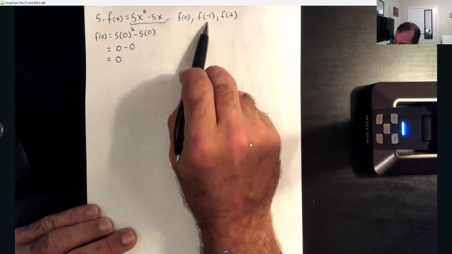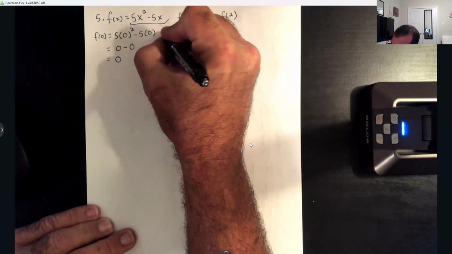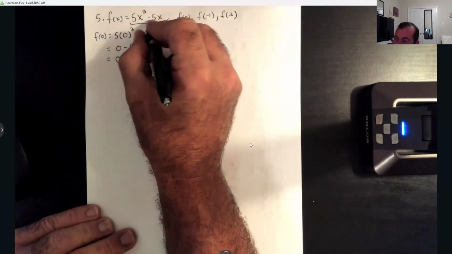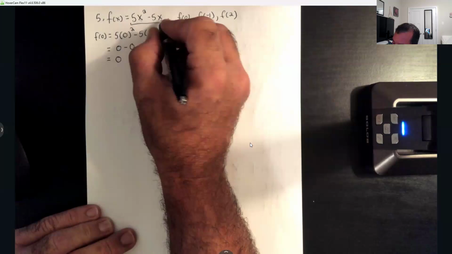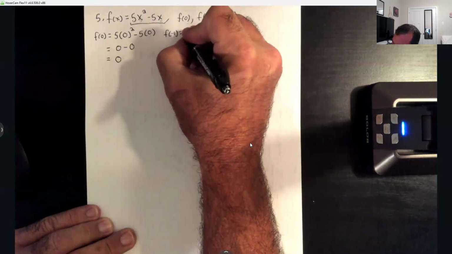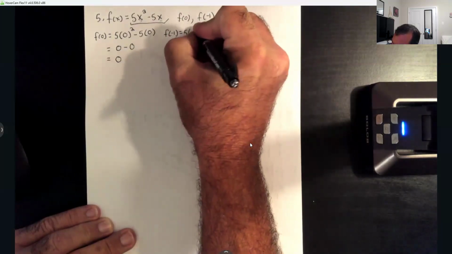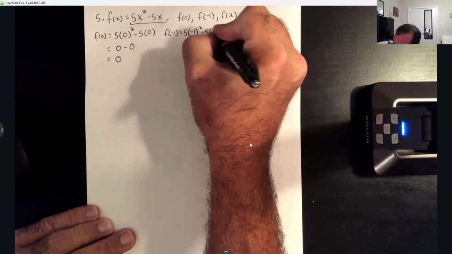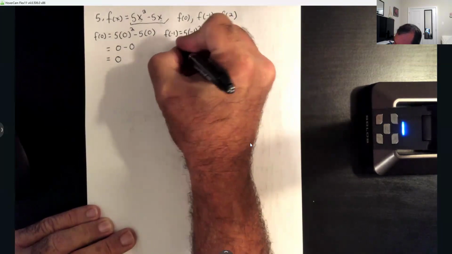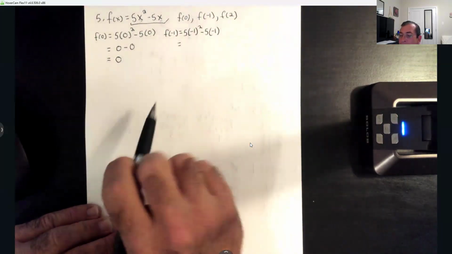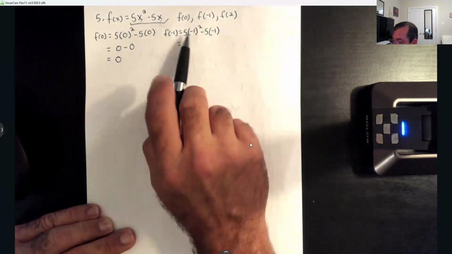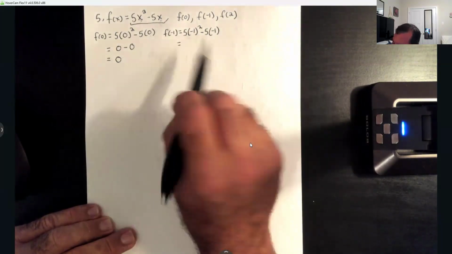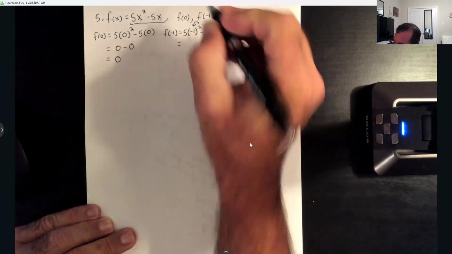Then we're going to do f of -1. That equals this expression, putting in a -1 for both of those x's. So you're going to have 5 times -1 squared minus 5 times -1. I'll do this one step by step because you have to start with the exponent.